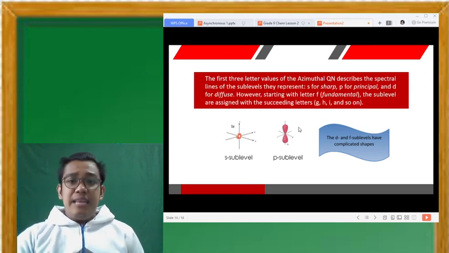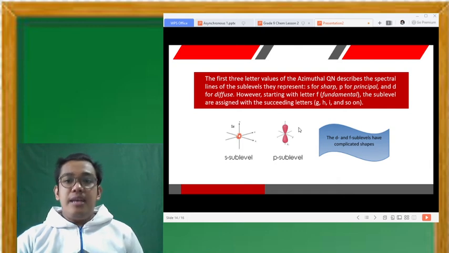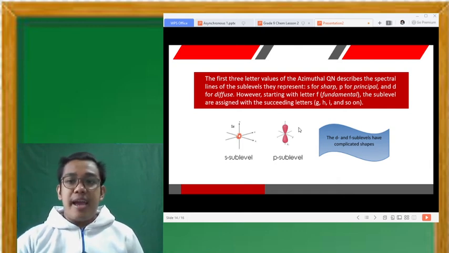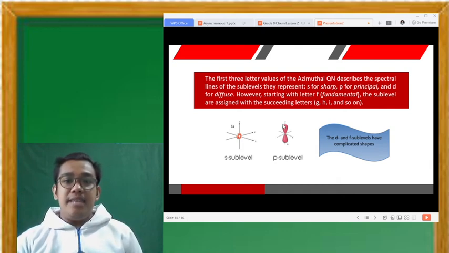The first four letter values of the azimuthal quantum number describe the spectral lines of the sublevels. They represent s for sharp, p for principal, and d for diffuse. However, starting with letter f, fundamental, the sublevels are assigned the succeeding letters g, h, i, and so on.